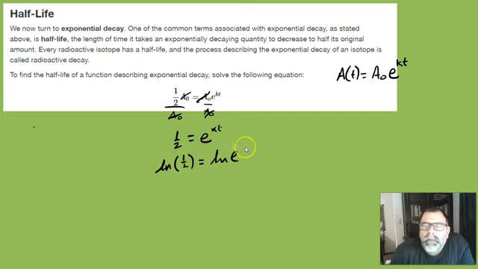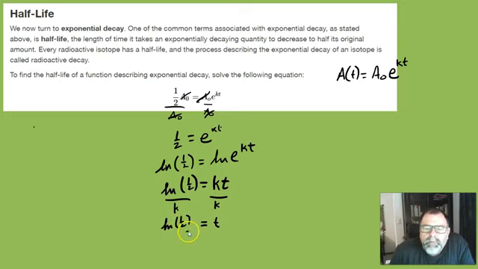Ln and e cancel each other out. So we get kt equals ln of 1/2. Now, from here, we're going to divide both sides by k, so t equals ln of 1/2 divided by k.